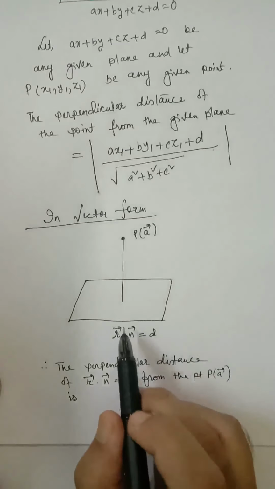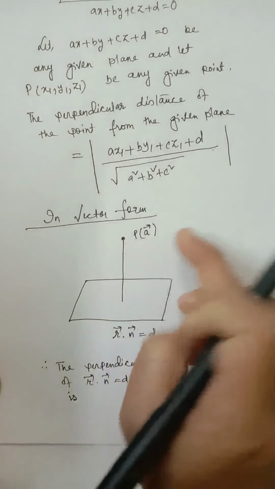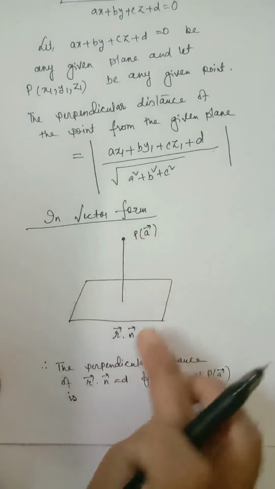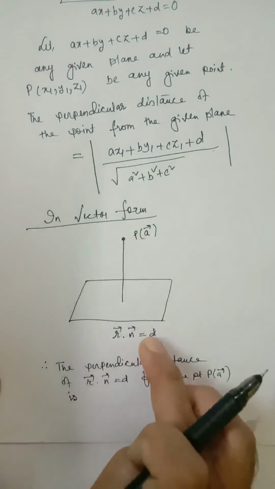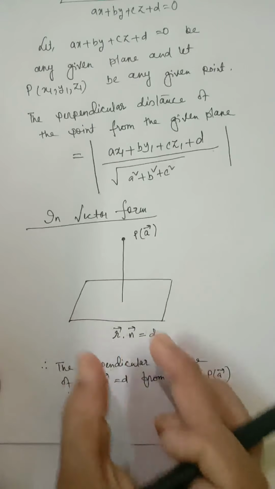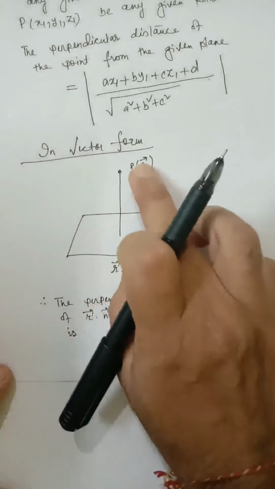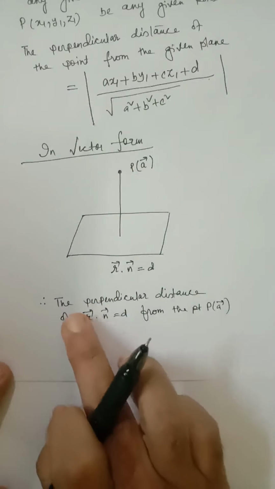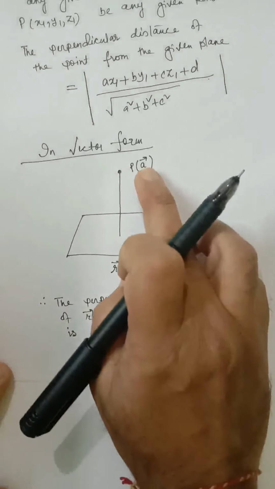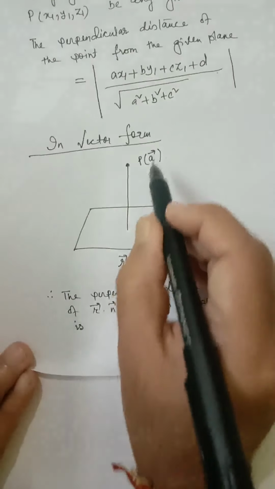Now in vector form, suppose P is any given point with position vector a vector, and let r vector dot n vector equal to d be the equation of the given plane in vector form. Then the perpendicular distance of the plane from the point P is, you just have to replace r vector by a vector.